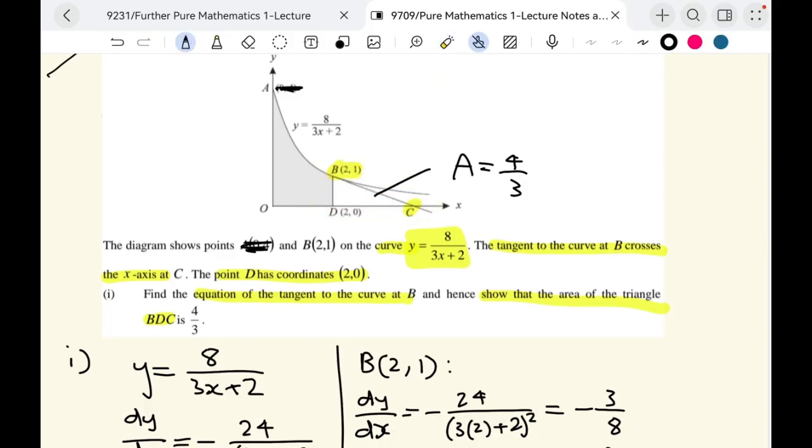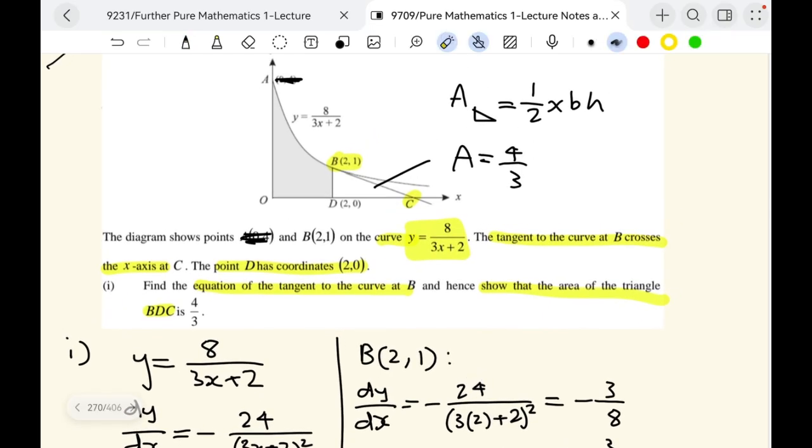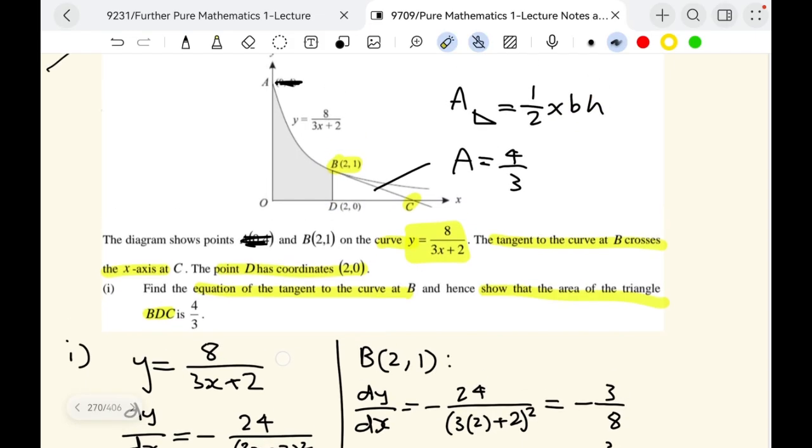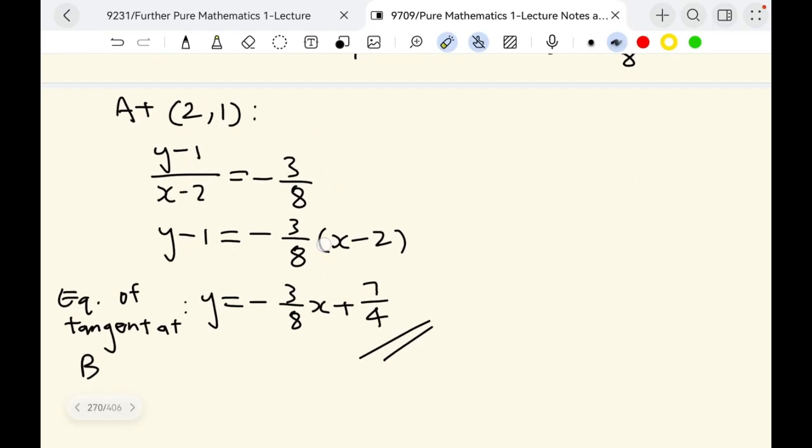So for this right-angled triangle, it's half of the base times height. The base here is the distance CD, whereas the height is the distance BD. We don't have to use the distance formula to calculate BD because it's obviously 1.